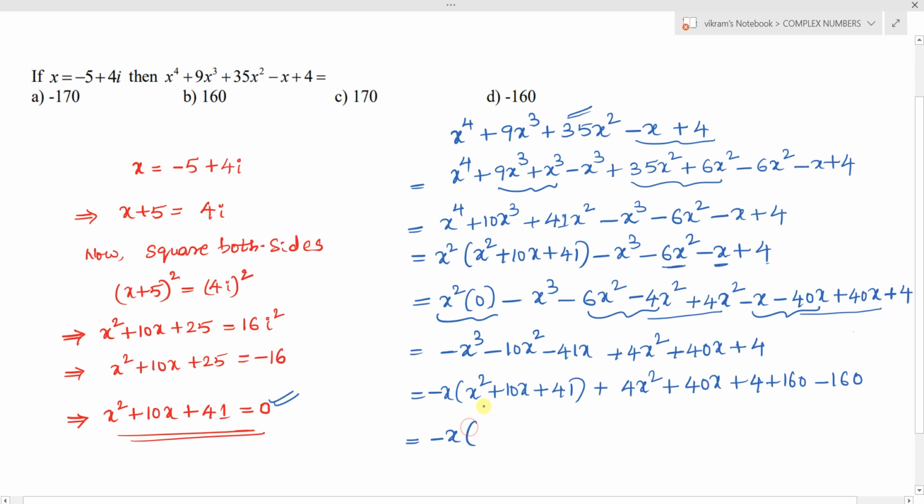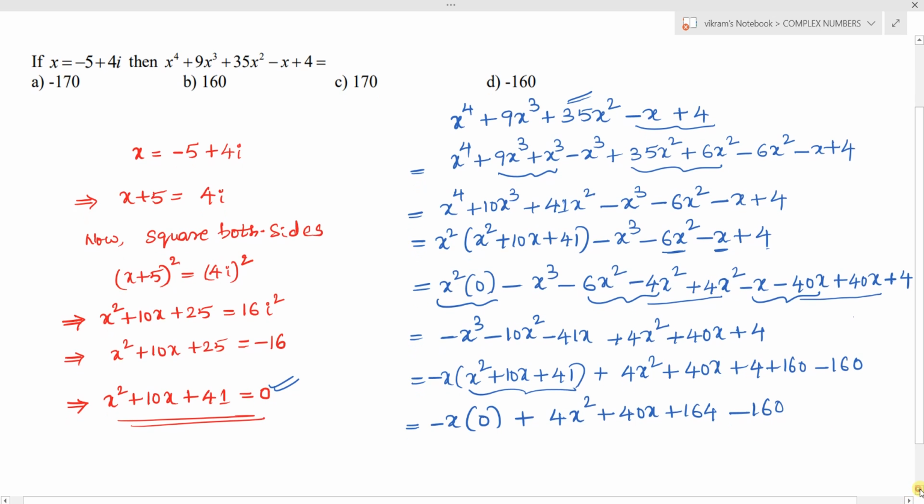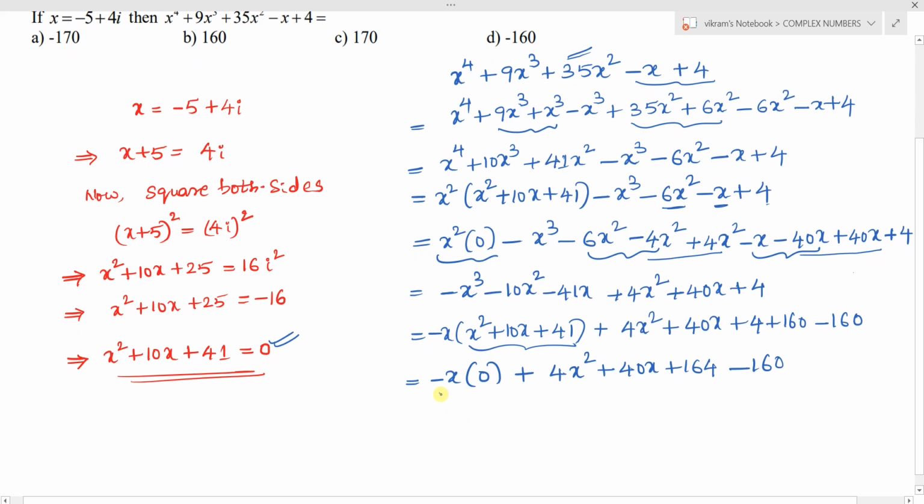Now minus x into x square plus 10x plus 41 is nothing but 0, plus 4 into 4x square plus 40x. By adding plus 160 and minus 160, I can write this as 164 minus 160, and this is minus x into 0.